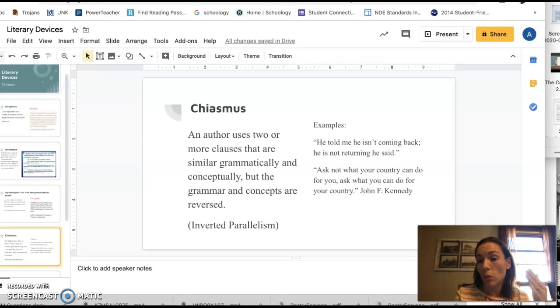The concept is there, I've just inverted it a little bit. "Ask not what your country can do for you, ask what you can do for your country." John F. Kennedy. So instead of asking what somebody else can do for you, ask how you can help them. That's chiasmus in a nutshell.